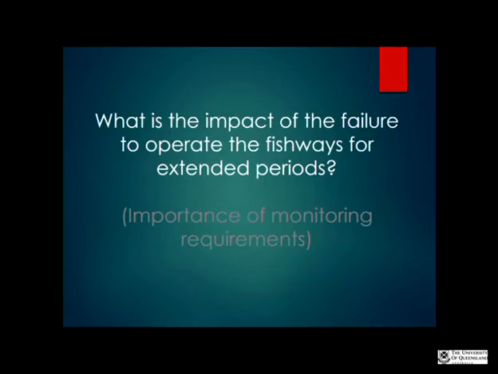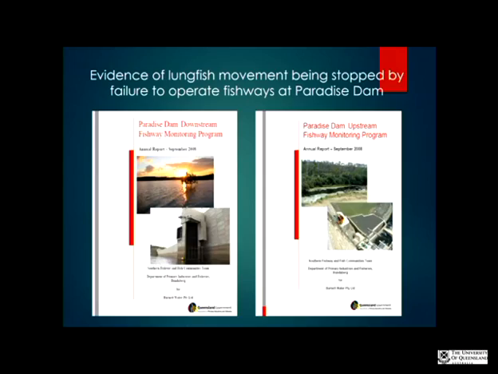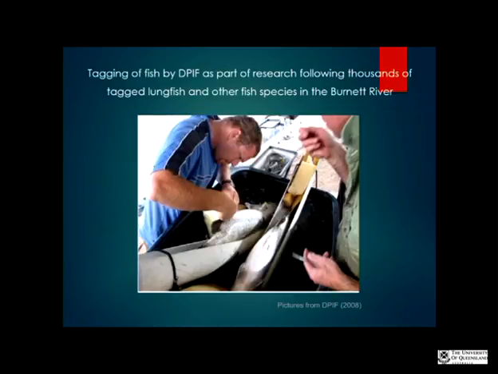What's the impact of the failure to operate the fishways for extended periods? Well, obviously, one of the things I'm highlighting here is the importance of monitoring requirements. So what they found in a report in 2008 is that lungfish were actually being prevented from moving upstream and downstream because the fishway in the middle at Paradise Dam wasn't operating as it was required to under the condition of approval.